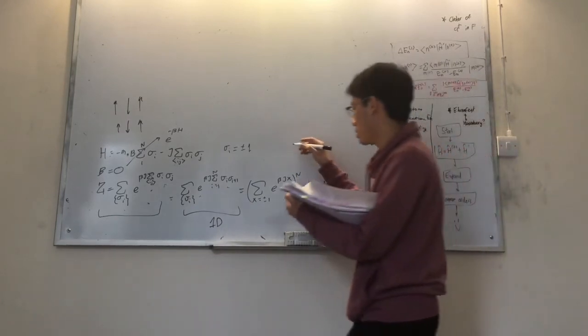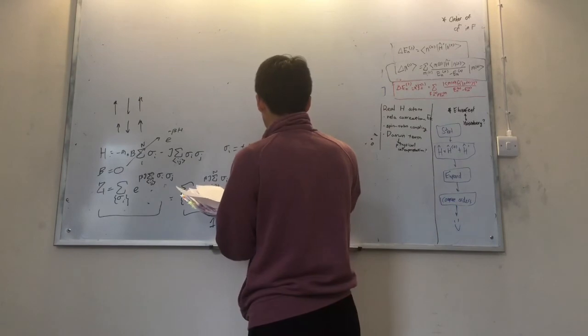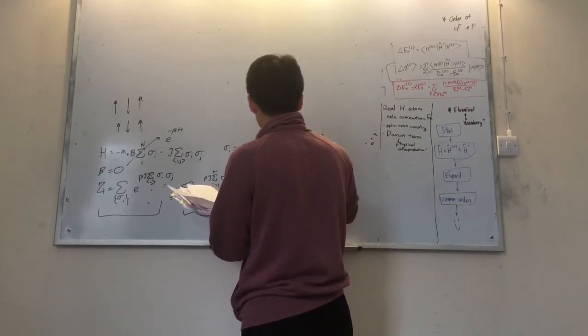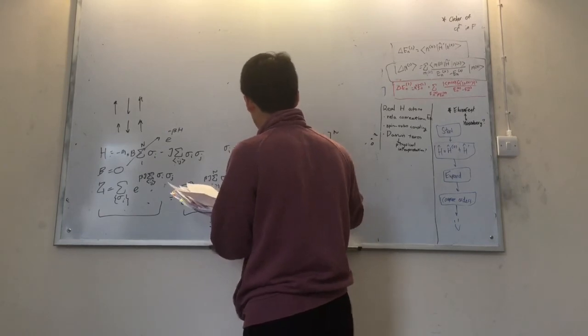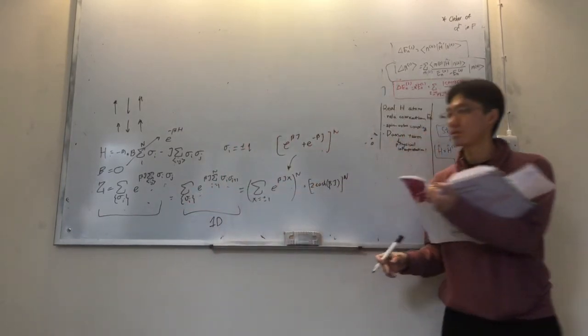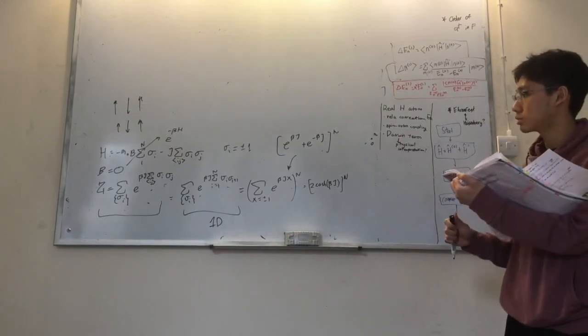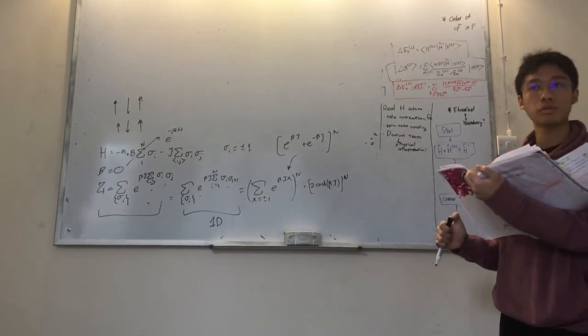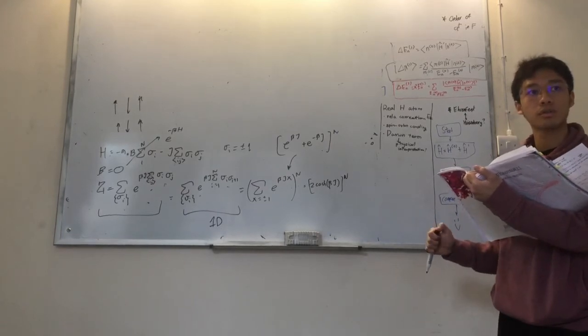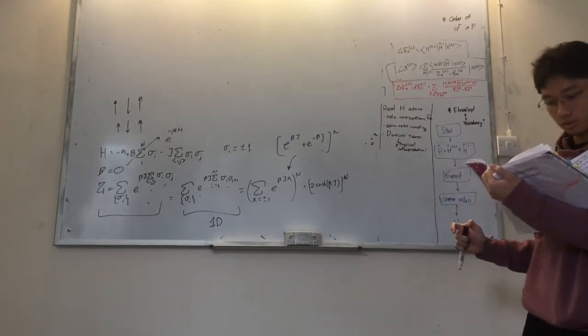So it's e to the beta J plus e to the minus beta J, to the power of N, because you have two possible configurations for each site.